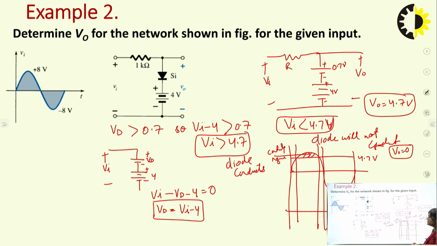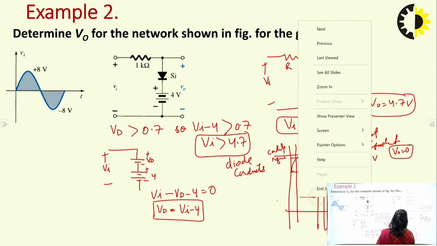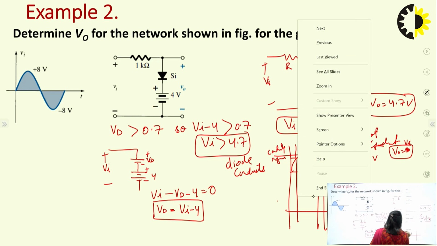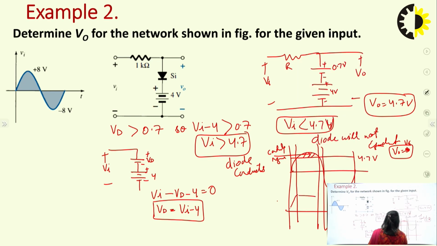So in the conducting part, the output is equal to 4.7. At this part, the output is equal to 4.7. And in the rest of the part, the output would be equal to Vi, not 0, because this is a parallel configuration. So it would be equal to 4.7 volt here, and in the rest of the part it will follow the input signal.